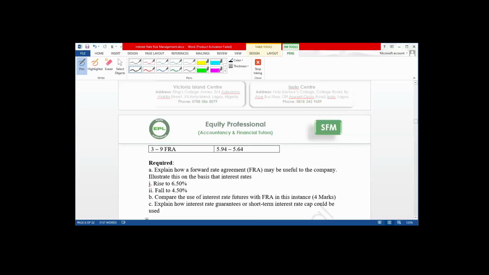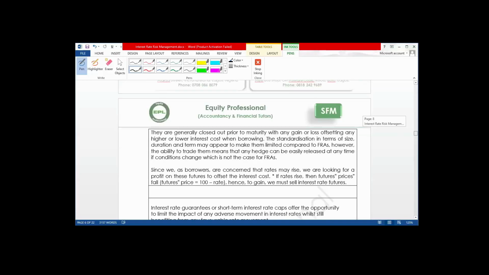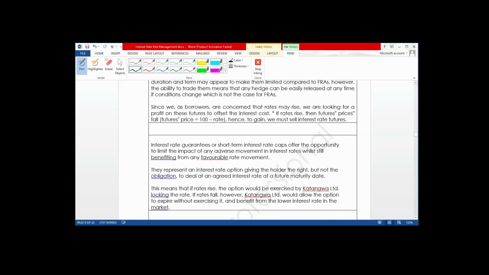Interest rate guarantees or short-term interest rate caps offer the opportunity to limit the impact of any adverse movement in interest rates, while at the same time benefiting from any favorable interest rate movement.